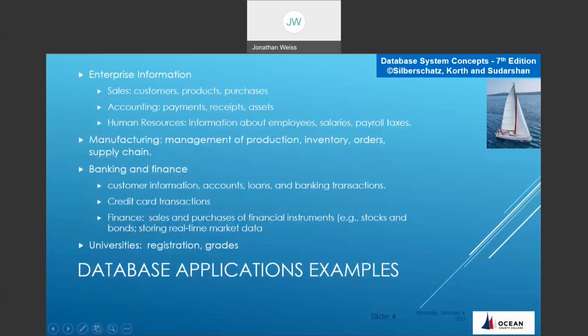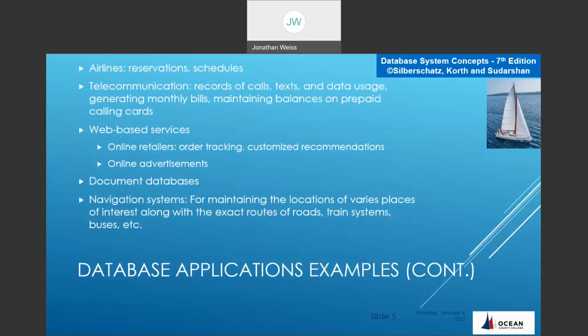And just a couple more here on the next page. We have airlines and travel. We have telecommunications. A big deal for a while was that telecommunications companies were keeping track of your communications and providing them to the government. So, they maintained a large database of all your calls and things like that.